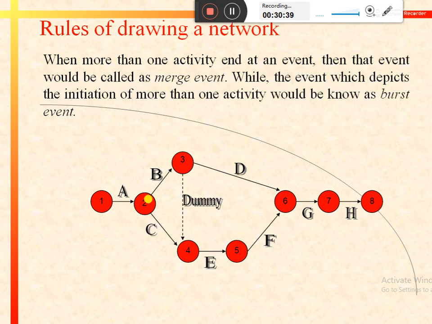So there are two fundamental terms, merge event and burst event. Merge event depicts the end or termination of more than one activity, and burst event depicts the starting or initiation of more than one activity.